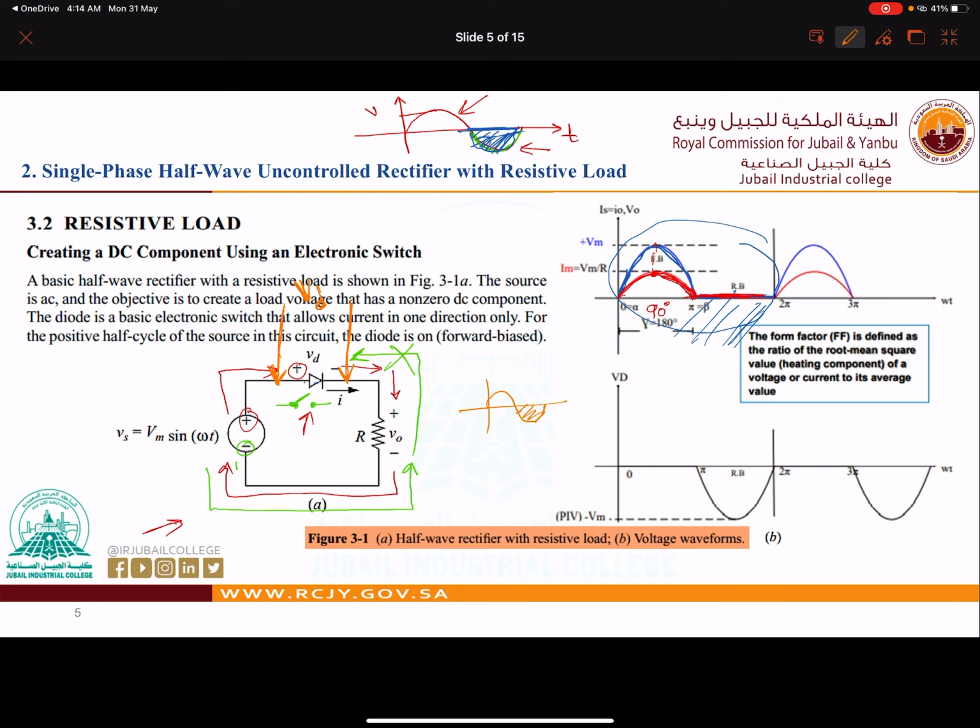Now, of course, the voltage on the diode will be the remaining of the power supply. So when the diode is conducting, there is no voltage, of course, because it will act as a wire, and the potential difference between the 2 points of the diode is zero, so there is no voltage.